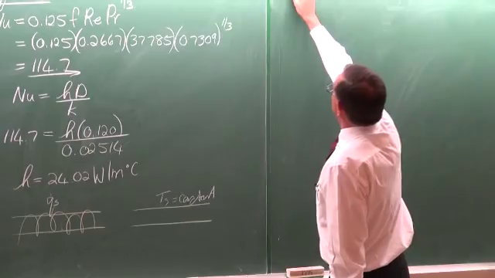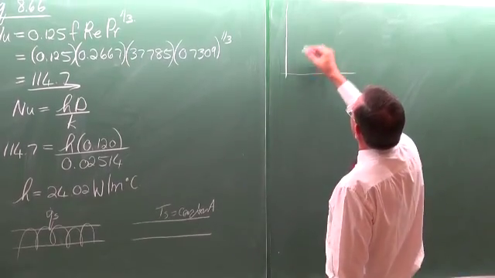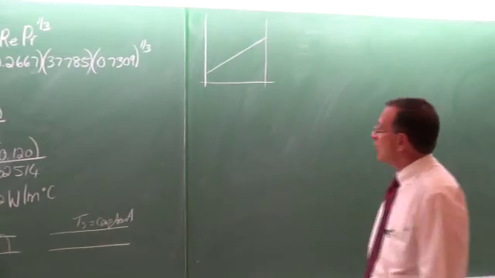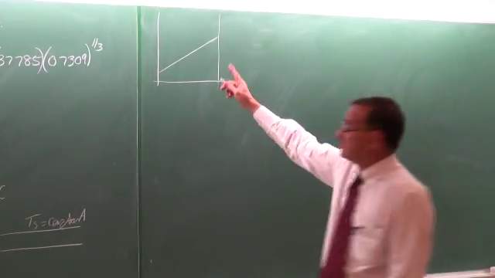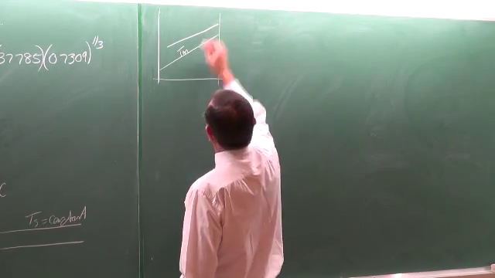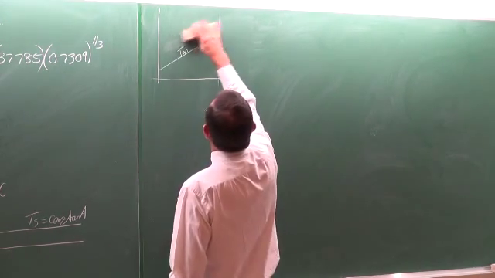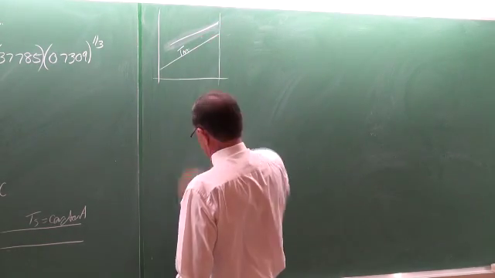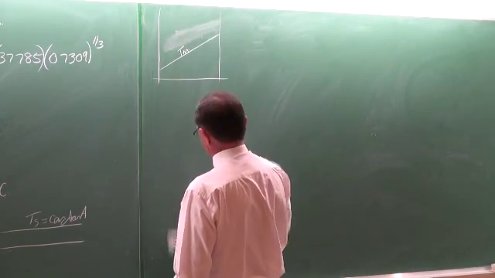For the constant heat flux, the mean temperature on the inside of the tube is a straight line. Okay, so that is the mean temperature. And then the surface temperature, we do something like this. It's parallel to that line.